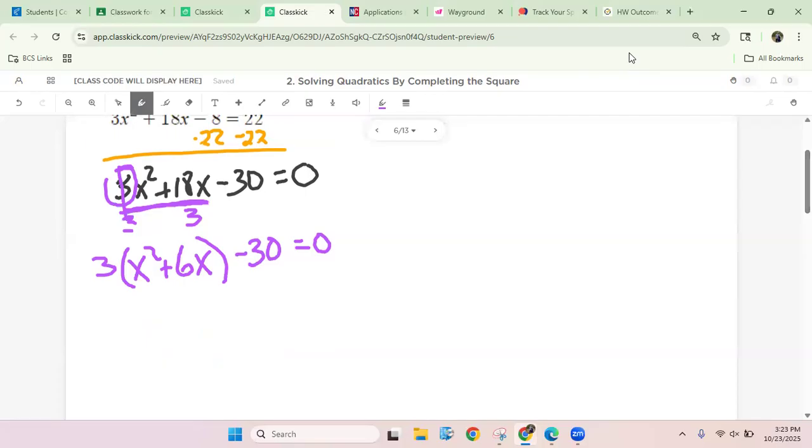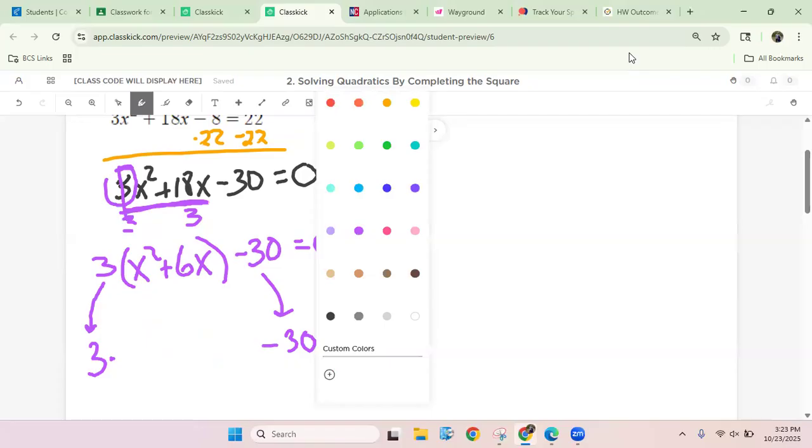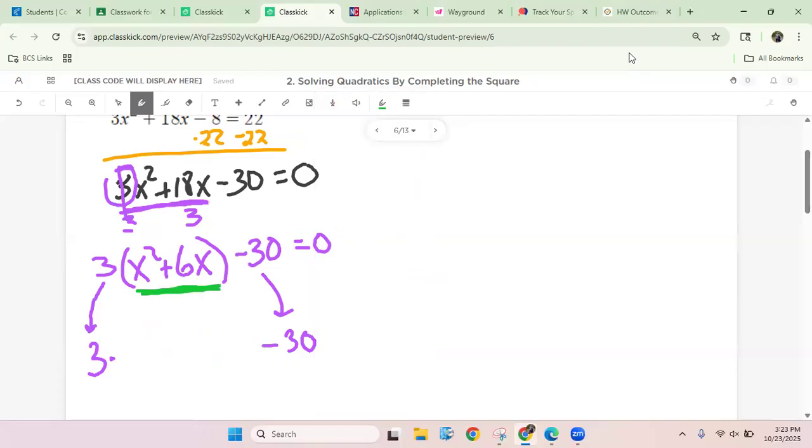All right, so we did that. And I'm going to use that geometric model that we've been doing in class. Just remember, as we do that, this 3 is going to follow down, and this minus 30 is going to follow down. Then we're going to complete the square, turn this x squared plus 6x into a square right here.